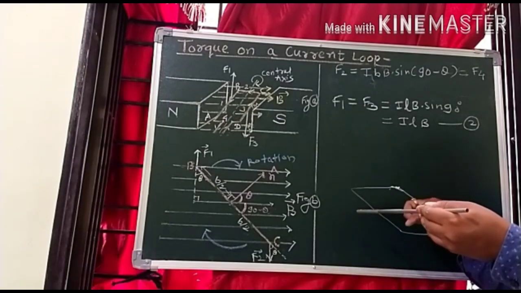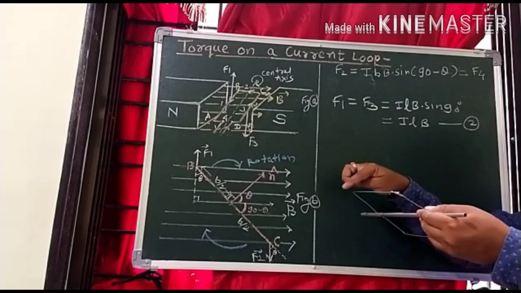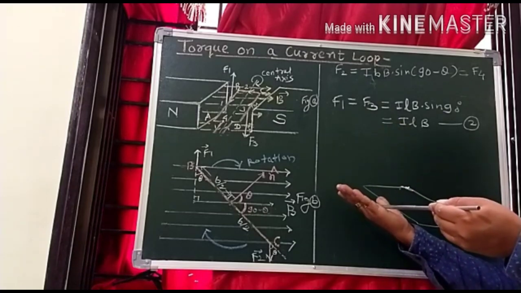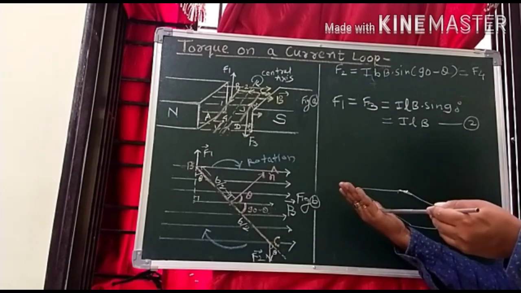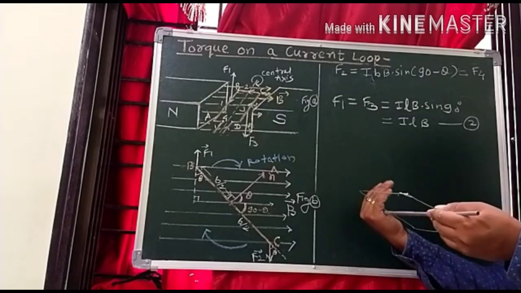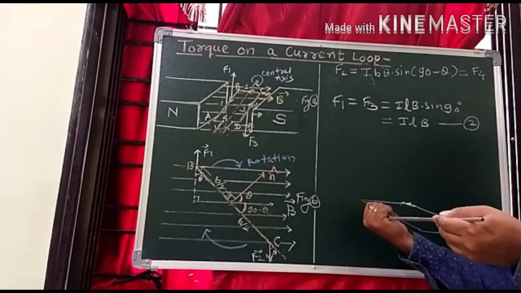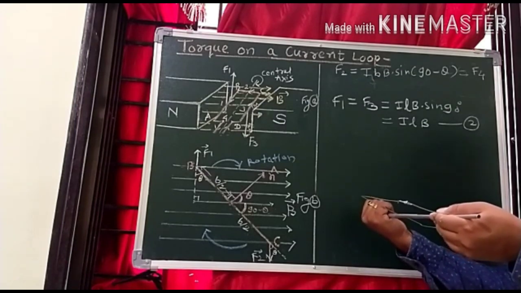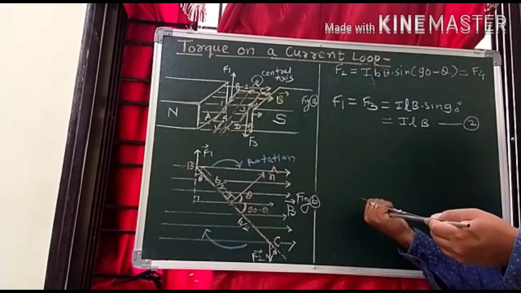Now this is the side BC, current passing from C to B. Now stretch the four fingers of the right hand in the direction of current and curl these four fingers towards the direction of magnetic field. Then the thumb gives the direction of magnetic force, and here the thumb is in the outward direction away from you along the central axis.